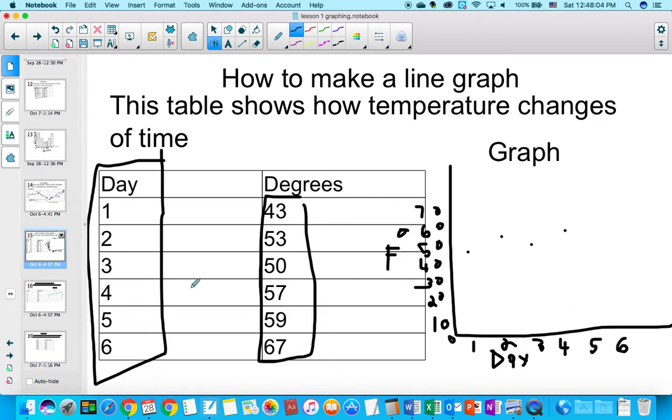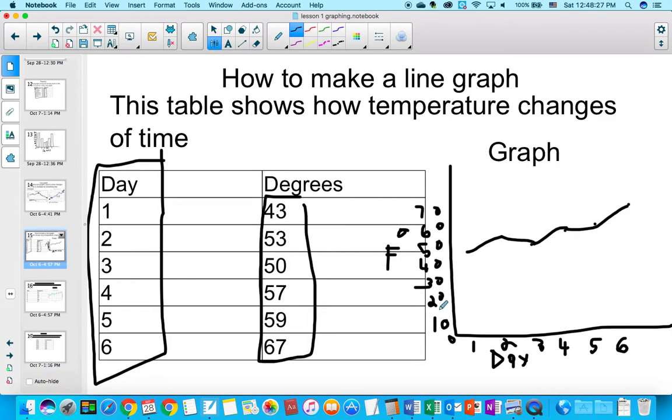And then day 5 we have 59, so just under 60, so just above that. And then we have 6 at 67, which is close to there, right? And so we can draw our dots by connecting the lines. Wow, that's terrible. And we connect the dots, and we have a line graph, right?